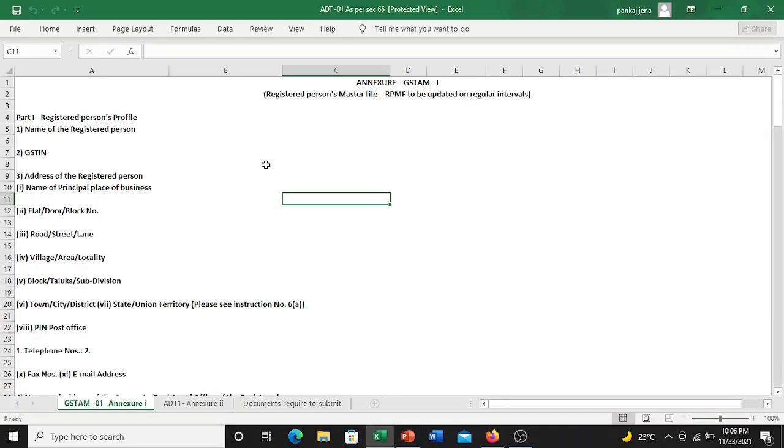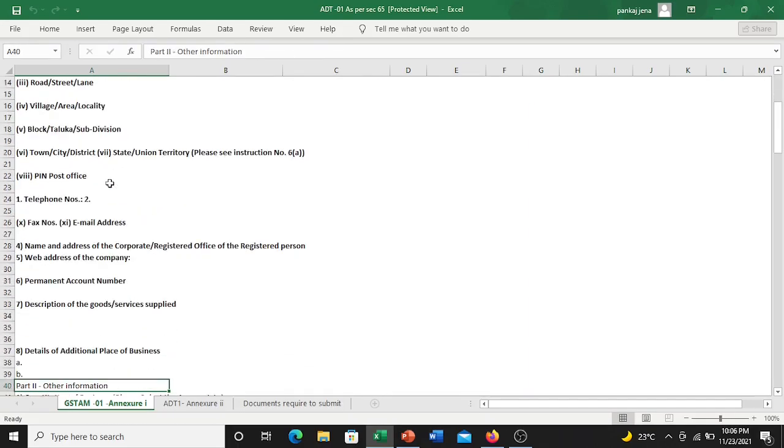So this will be annexure 1 of the GSTM. Annexure 1 is mainly known as the registered person master file. Here you have to provide your basic details like your name, GST number, address and telephone number of the registered person, email ID.